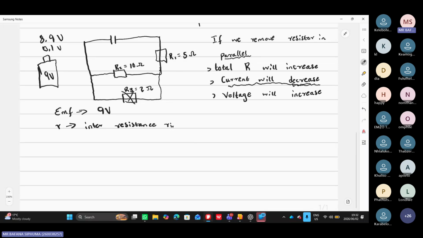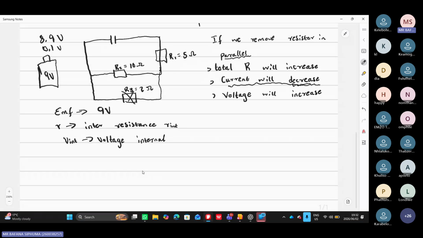R int is the one that steals or absorbs or takes away a likely amount of your voltage. And that voltage, we call it the V internal or the internal voltage. This is the voltage that has been stolen by that guy, my internal resistance there.